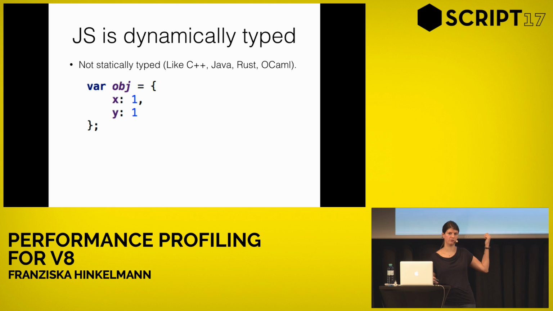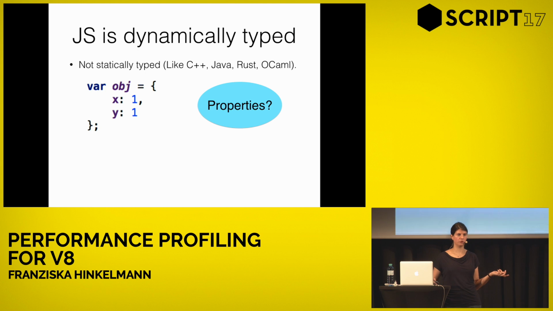So if you have some JavaScript code like this, a simple object, one question that would be important for a compiler is to know what are the properties of this object. And clearly, x and y are the properties, but then there's also a bunch of other properties that you get from the prototype chain, which can change all the time because you can change the prototype.